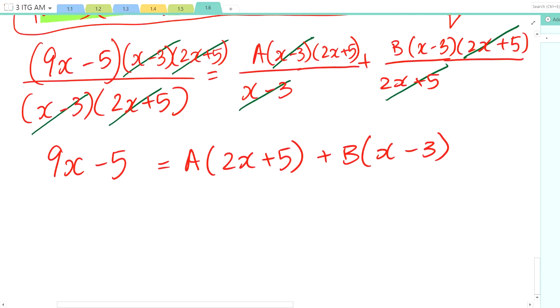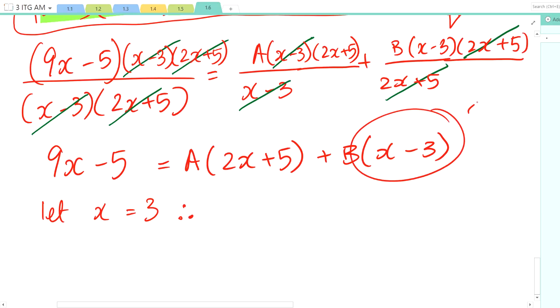Okay, we could let x be equals to 3. When we let x equals to 3, the B term will disappear. The intention of letting it become 3 is so that this will become 0.